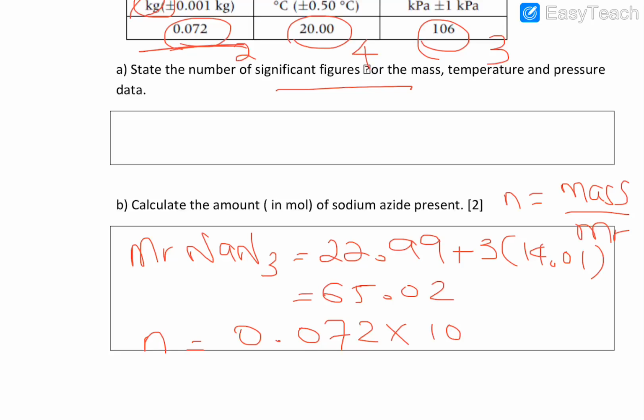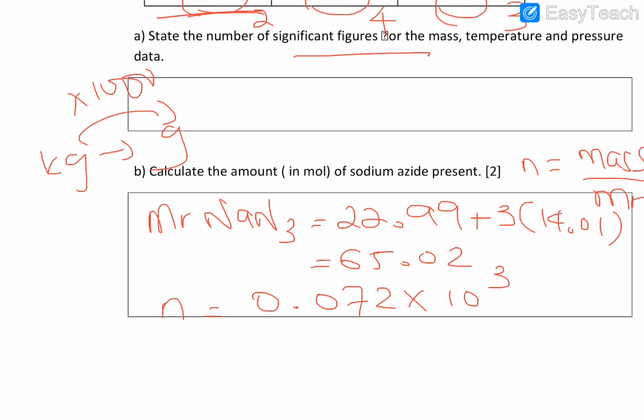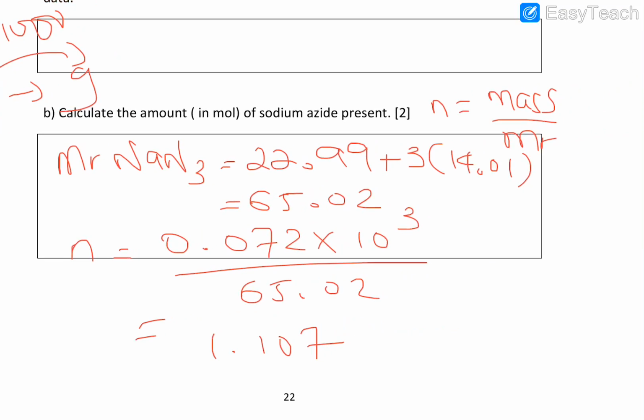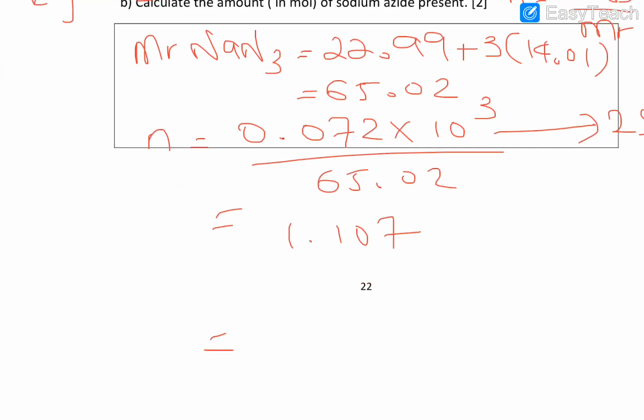Times 10 to the power 3, because we're converting kilograms to grams, means you're going to multiply by 1,000, divide by Mr, so that should give you 1.107. So this value is to 2 SF, so means that my answer should be 1.1 mole. This is to 2 SF. Okay.